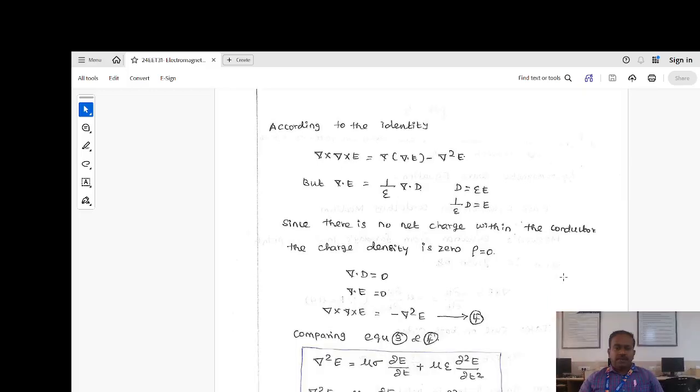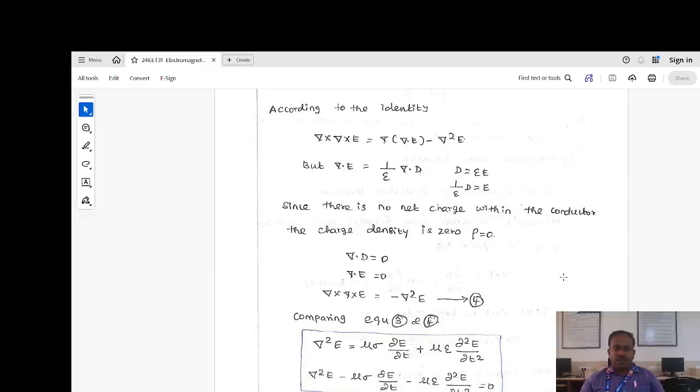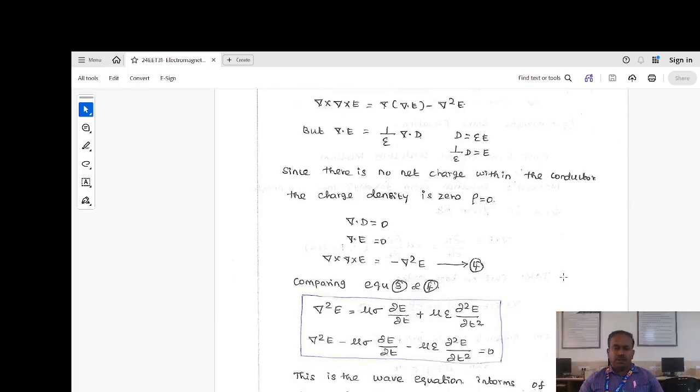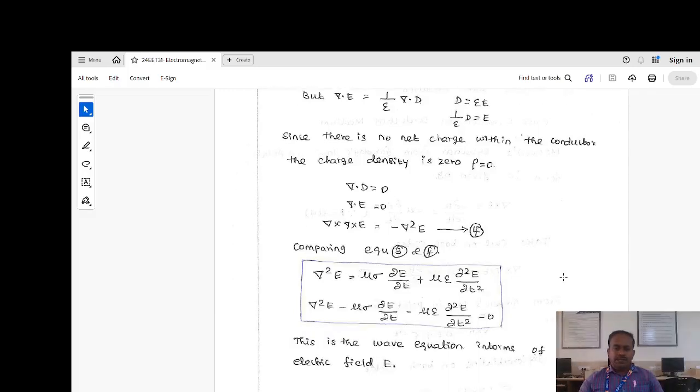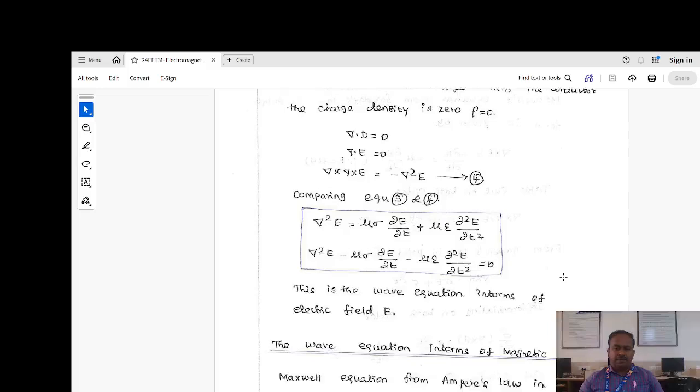Then compare equations 3 and 4. We have del squared E equal to mu sigma dou E by dou T plus mu epsilon dou squared E by dou T squared. So del squared E minus mu sigma dou E by dou T minus mu epsilon dou squared E by dou T squared equal to 0. So this is the wave equation in terms of electric field.